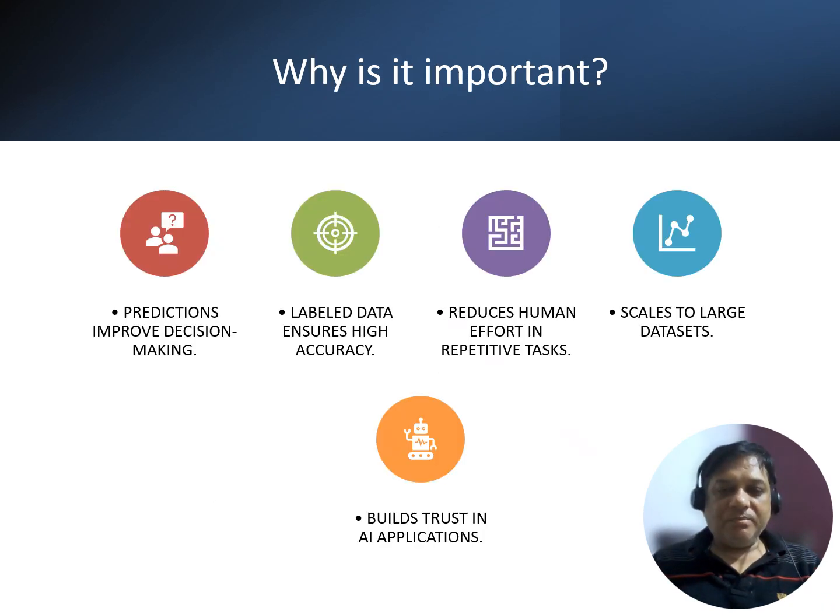Why is it important? Because predictions improve decision making, labeled data ensures accuracy, it reduces human effort in repetitive tasks, it scales to large databases, and it builds trust in AI applications.